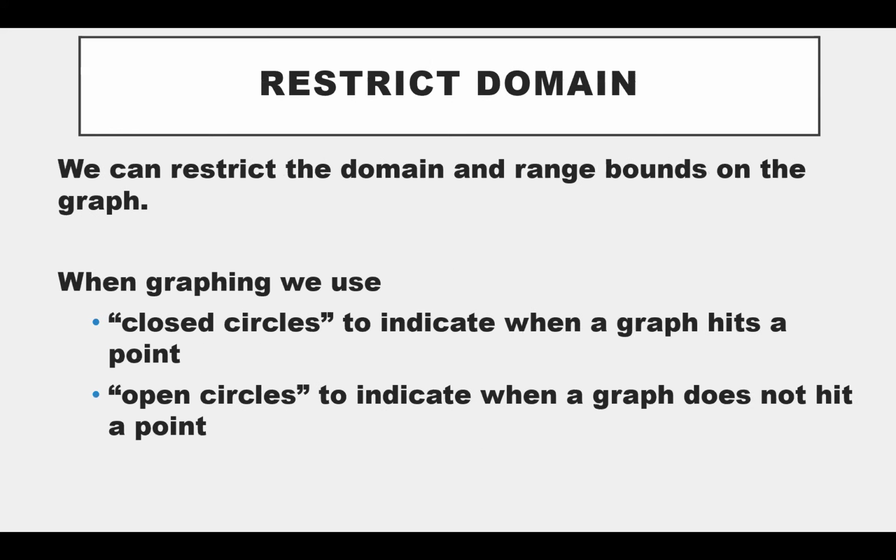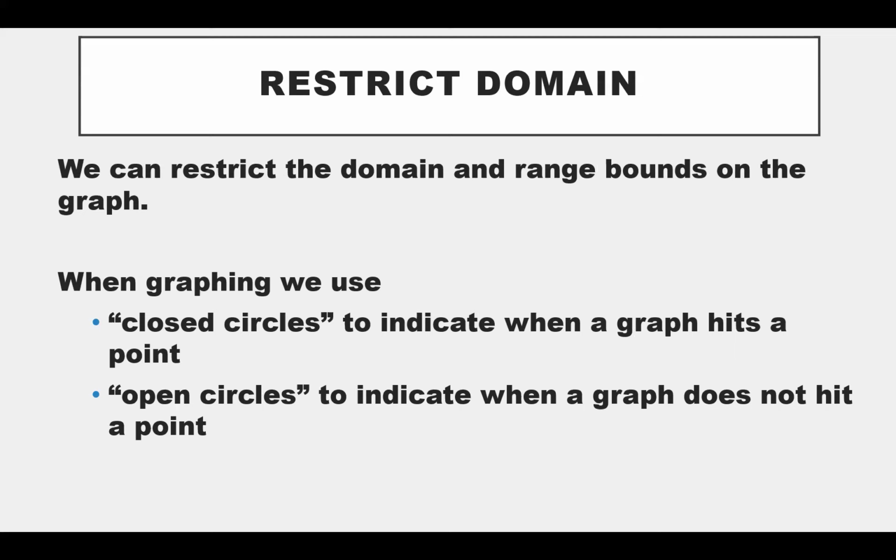You can also just force your domain to be restricted. And we can restrict our domain and range bounds on a graph if we want to. It works kind of like the number line that we just did.